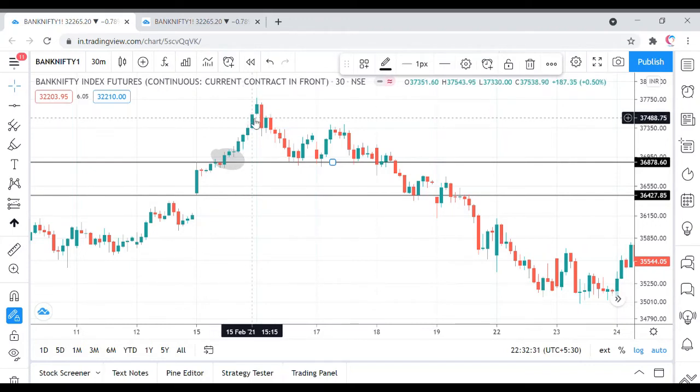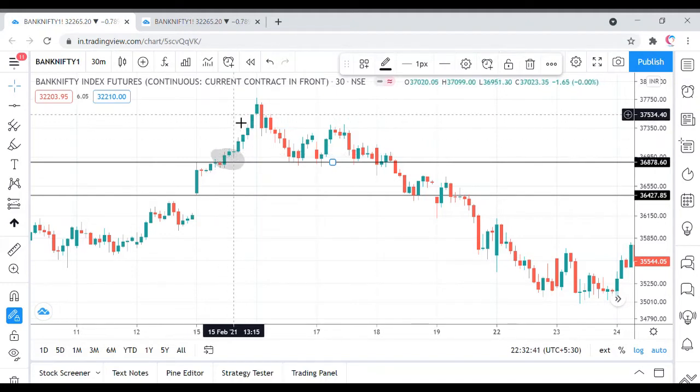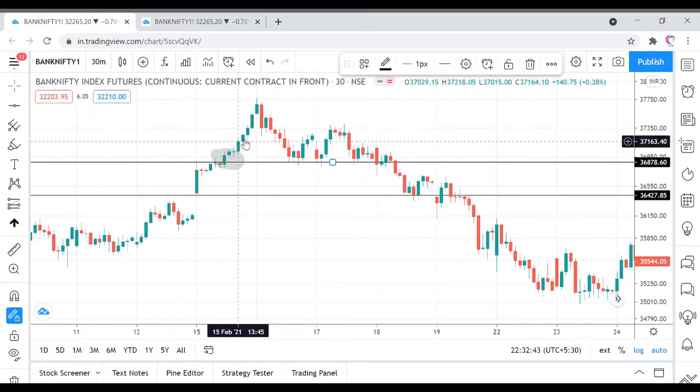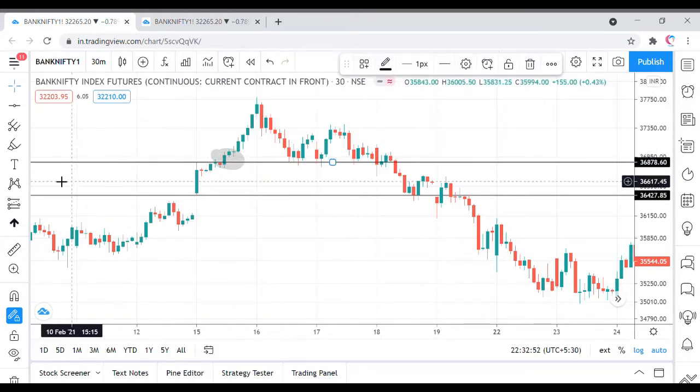This is the last candle, the 3:15 candle on 15th February, and the high made was 37,534. You can see a good 500 to 600 point gain one can make using this strategy.